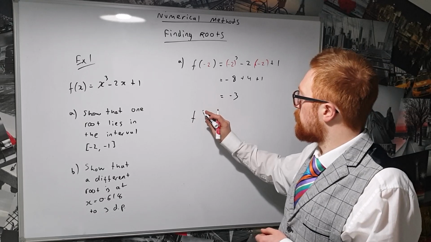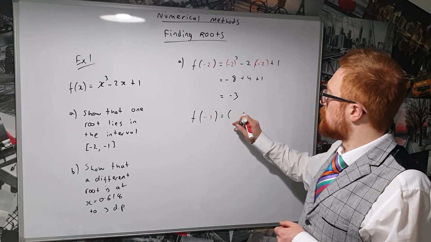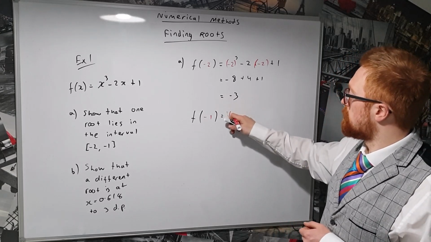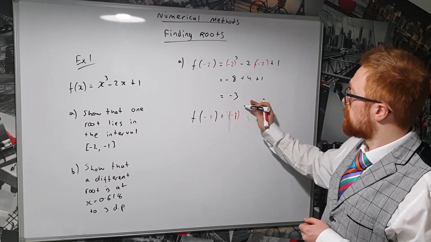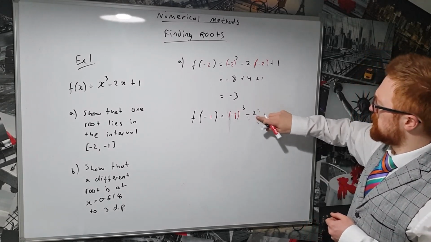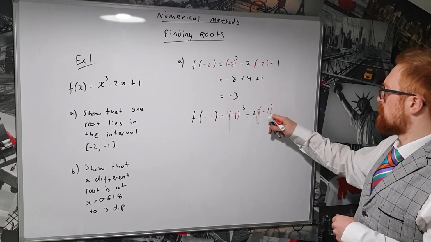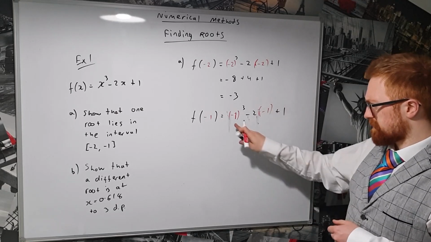Similarly, let's work out f of minus 1. That is equal to minus 1 cubed minus 2 lots of minus 1 plus the 1 again.